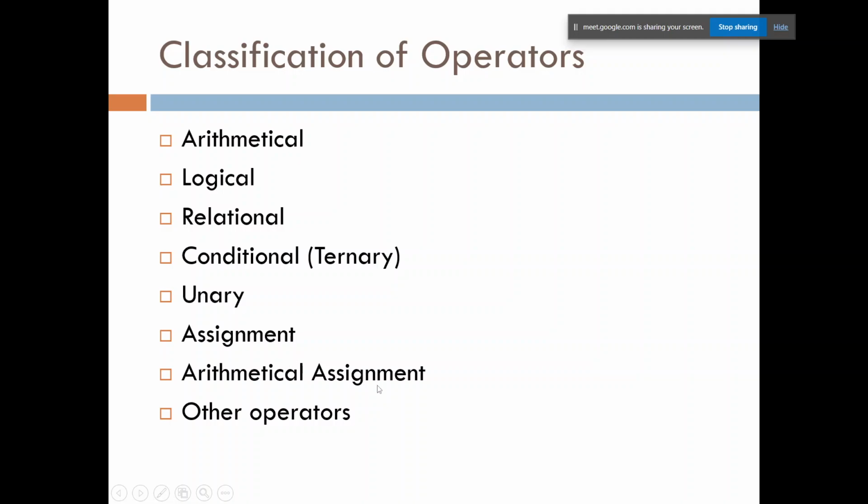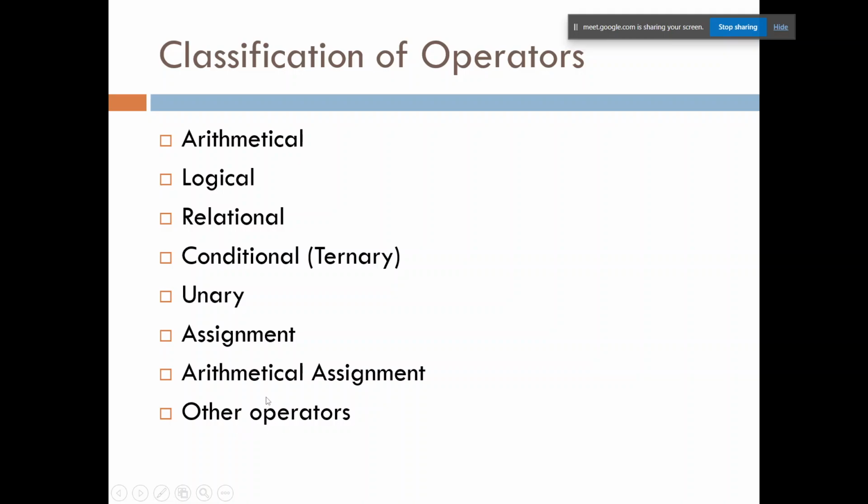And arithmetical assignment: if you want to use both arithmetical and assignment operators together, we go for what you call arithmetical assignment operators. Then other miscellaneous operators, there are some special operators like dot, star, arrow operator, and ampersand, I mean the and symbol. That is called the ampersand, the address of operator. These all come under other operators, guys.